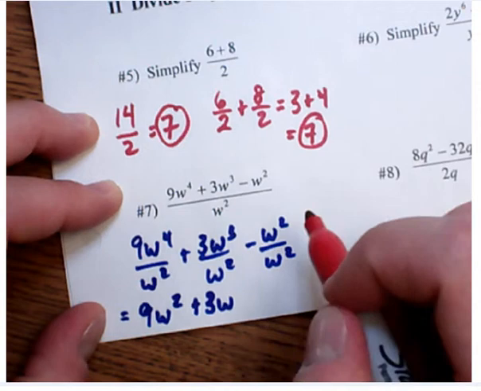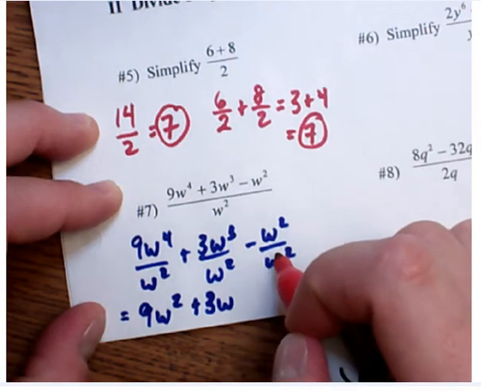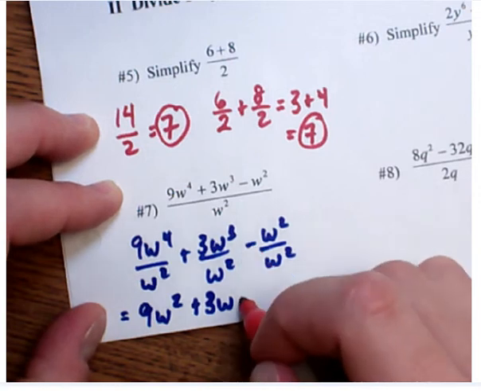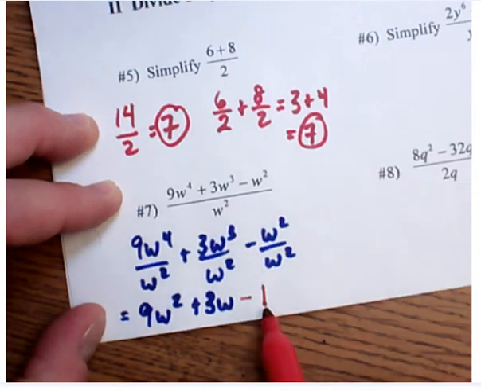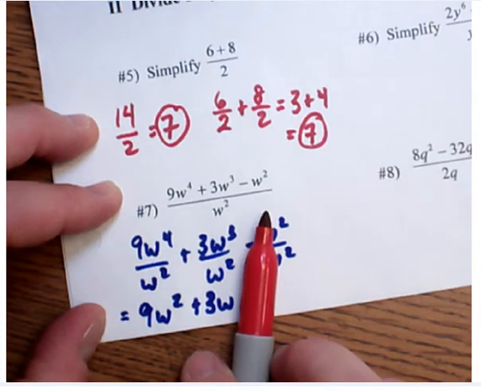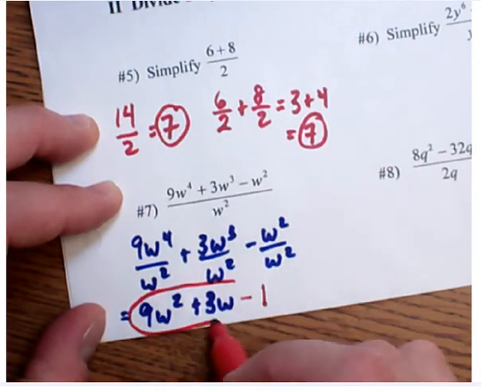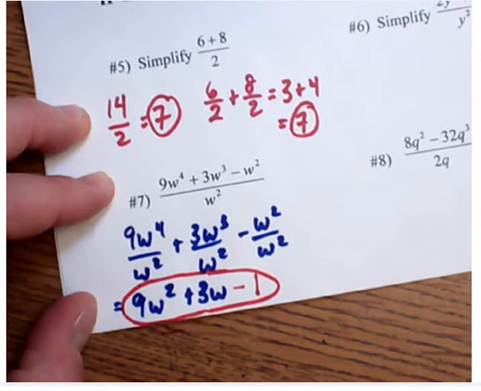So this is not 0. It doesn't get canceled out. What happens is it reduces, and we have minus 1. You have to put the minus 1 there. If you leave it blank, if you say 9w squared plus 3w, it is wrong. You have to have minus 1. Okay, that's a good example here.